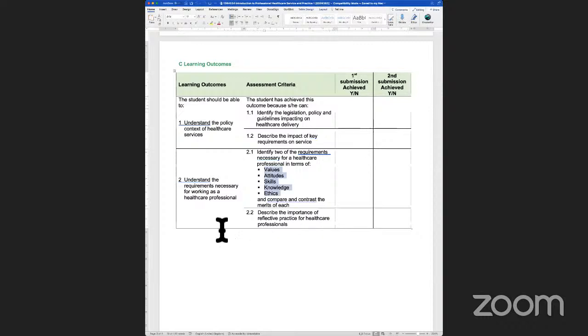So in learning outcome 2, we are going to be focused on understanding who are the people and what kind of skill set you need to have to be able to work as a healthcare professional within this industry. And the second learning assessment criteria and the second learning outcome is going to be describing the importance of reflective practice.